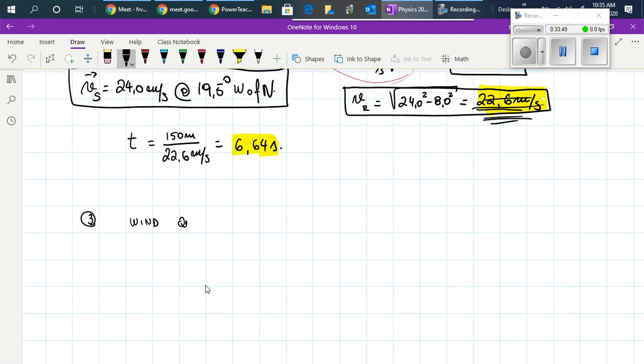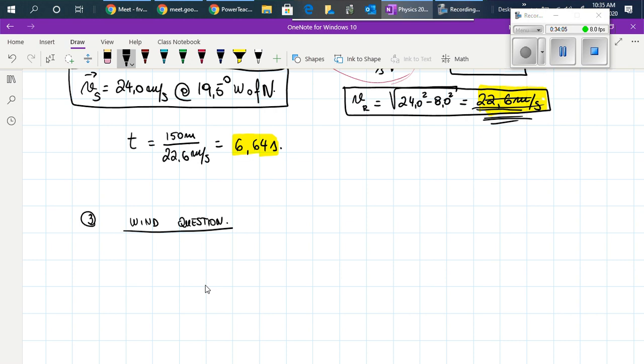The next type of question that we will see is known as the wind question, or wind and plane question. On the wind question, what we have is simply adding two vectors using components.